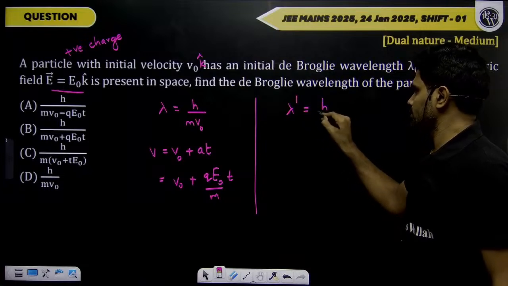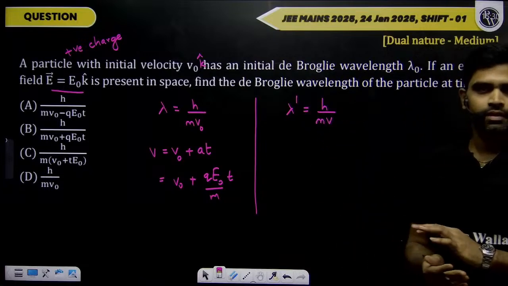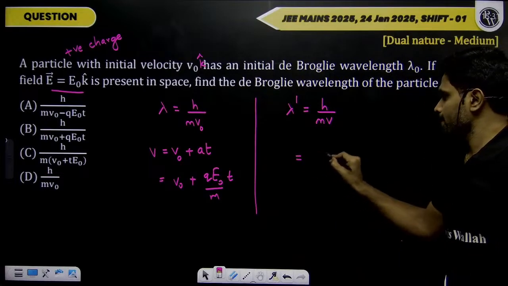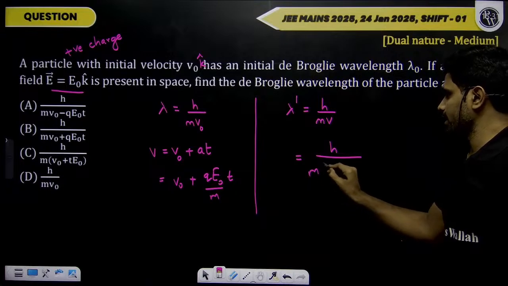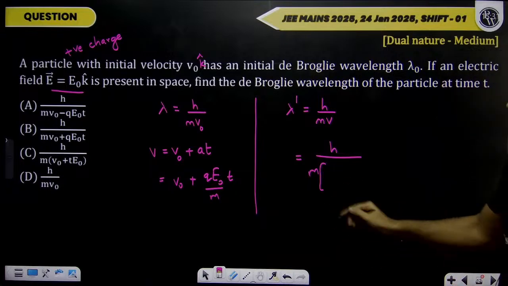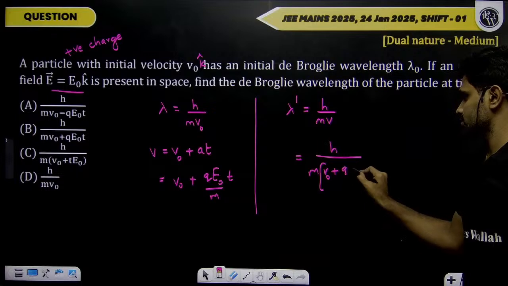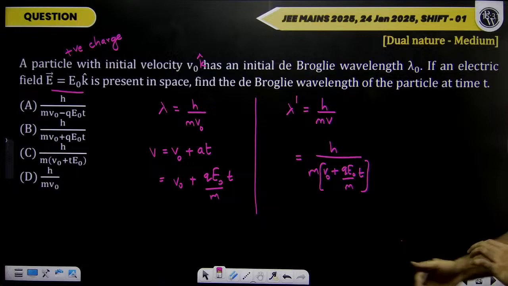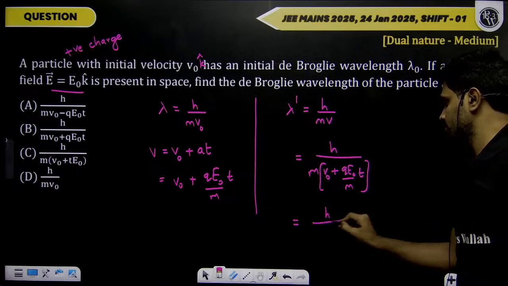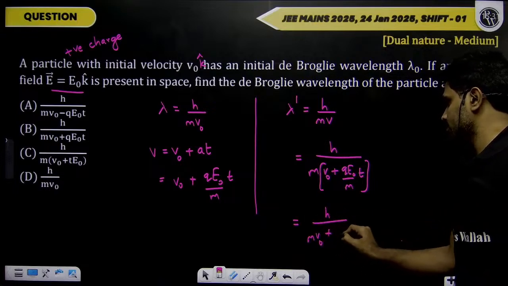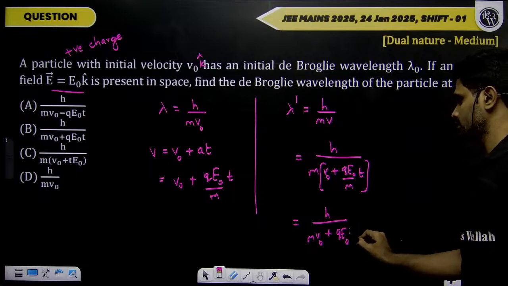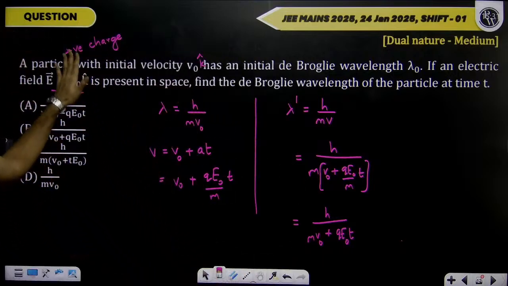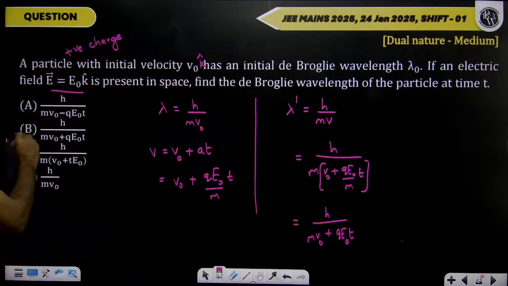Lambda dash, the final de Broglie wavelength, will be h by m v, which is h by m into the final velocity, V naught plus q E naught by m into t. Simplifying that, m and m will cancel. So assuming it is a positive charge, this would be the answer.